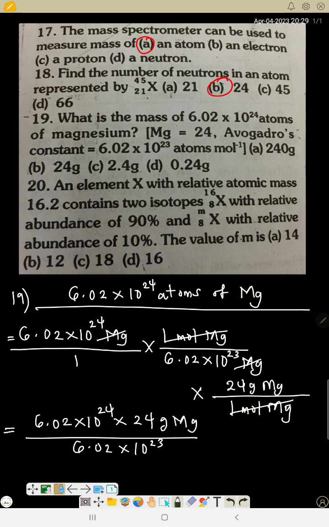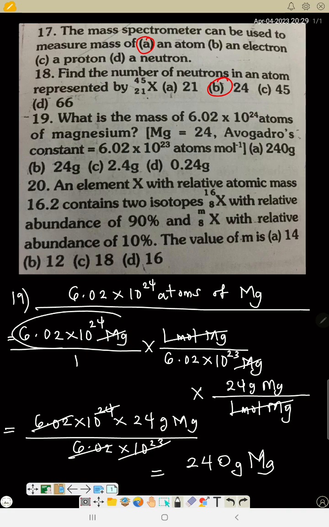So now 6.02 will cancel out, 10 raised to the power 23 will cancel out here, it remains 10. So what I have left is 10 times 24, or you press calculator. That is 240 grams of magnesium. So that is the answer. So the correct option is A, 240. So take note of this step.